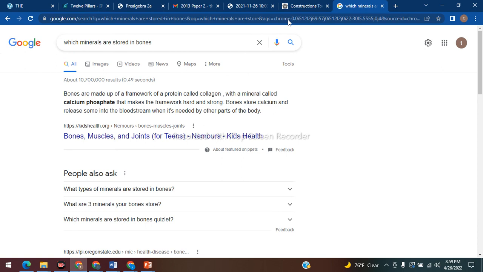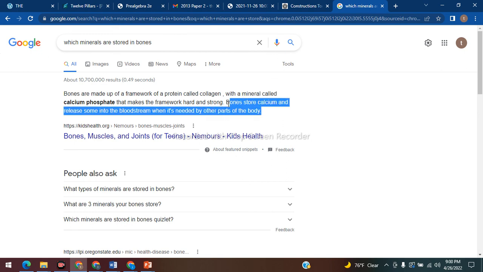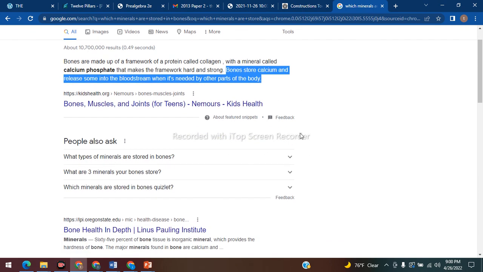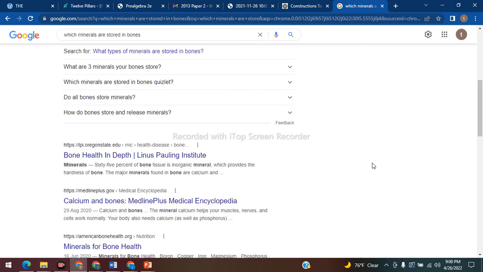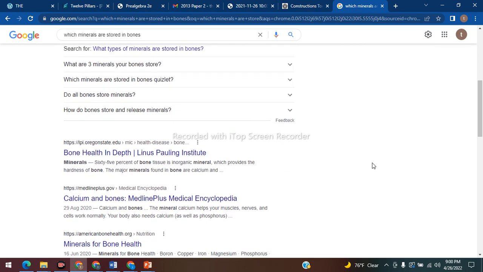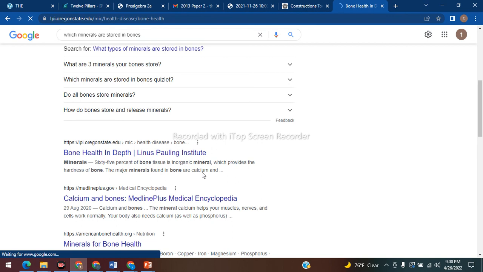Bones store calcium and release some into the bloodstream when it's needed for other parts of the body. I see calcium mentioned as one, as well as phosphorus. It says bones are the main storage site for calcium. The major minerals found in the bone are calcium. So you know that calcium is a major one.